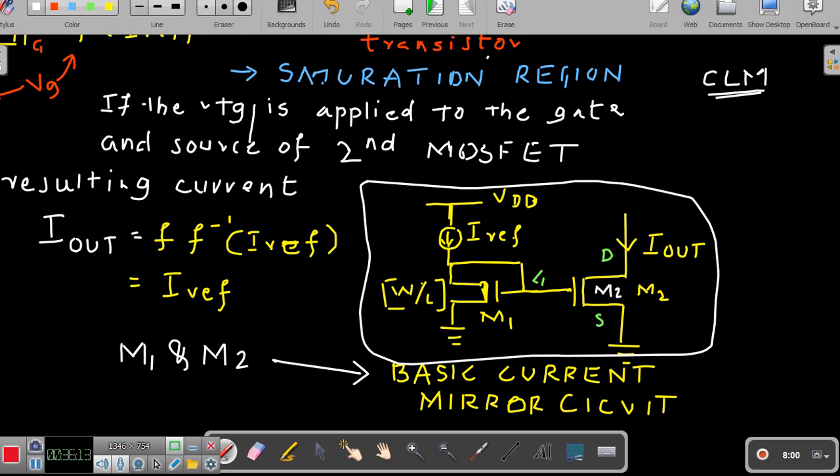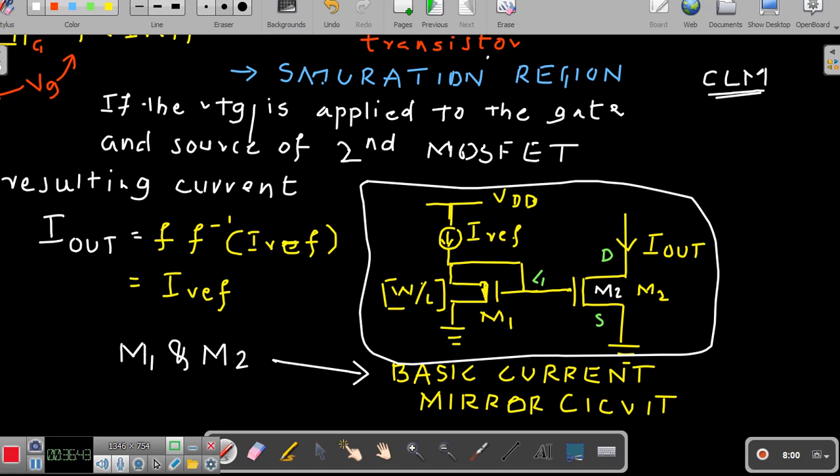In order to copy the current, we have to have a reference current source which is already known to us. Then we have to have one more transistor which has to operate in the saturation region. That is the reason why we have made it the diode operation here. The gate of the transistor M1 is connected to the drain of the same transistor, so that will always assure that the transistor operates in the saturation region.